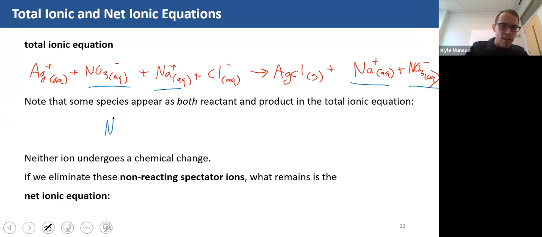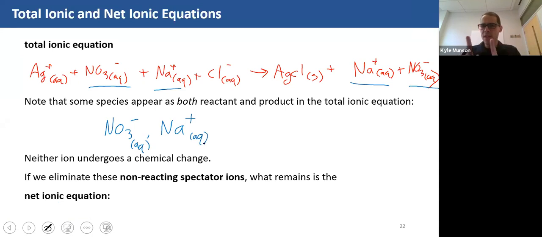So these species, nitrate and sodium, and again, AQ or aqueous says that they're dissolved in solution. They're the same. So neither of these species undergoes a chemical change. Oh, my goodness. Being a mess today. Okay, neither ion undergoes a chemical change.